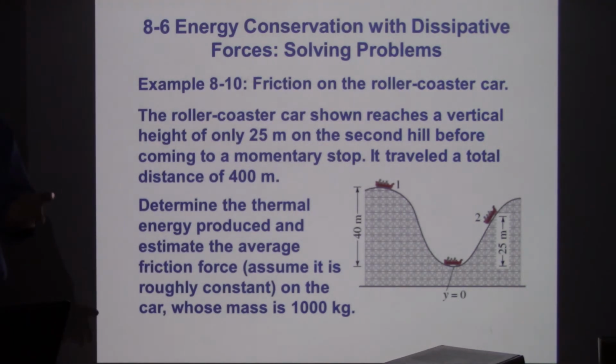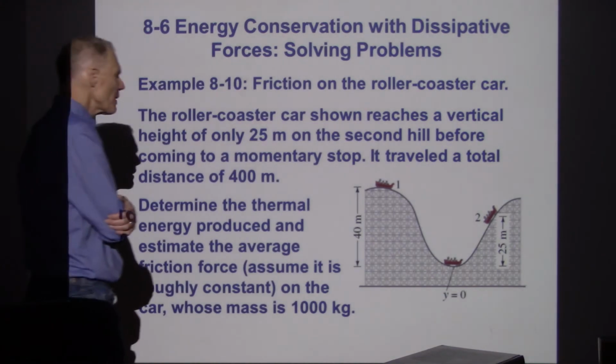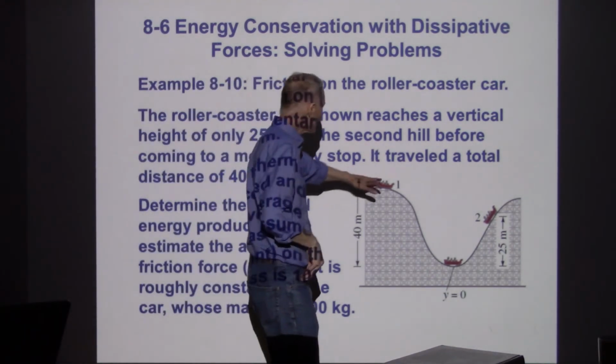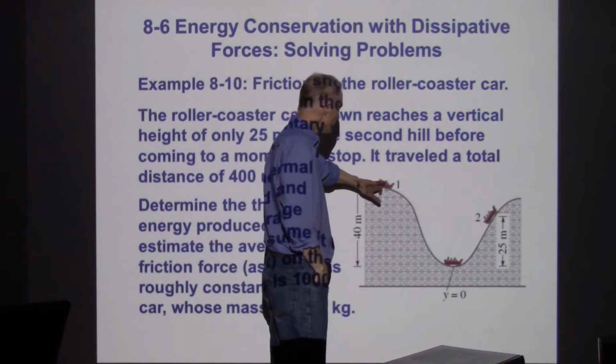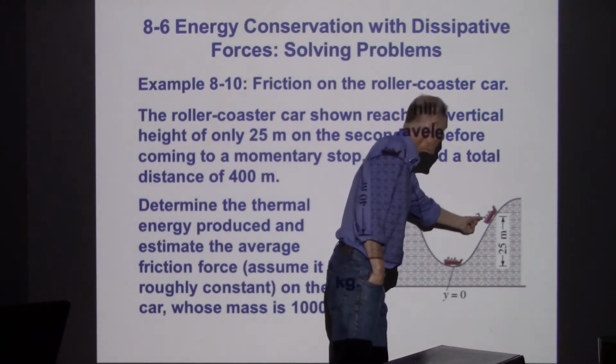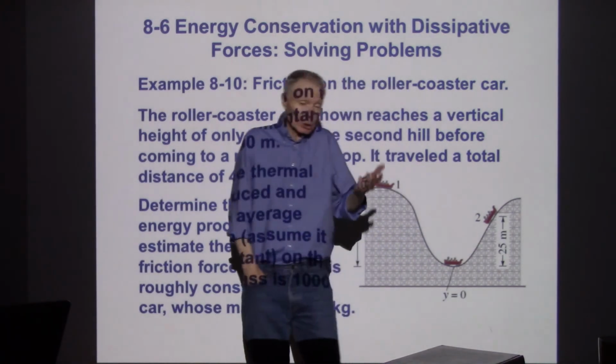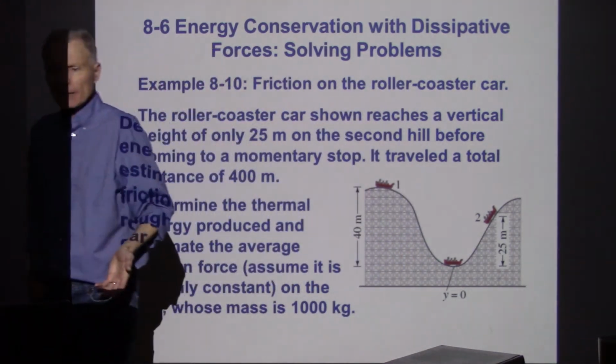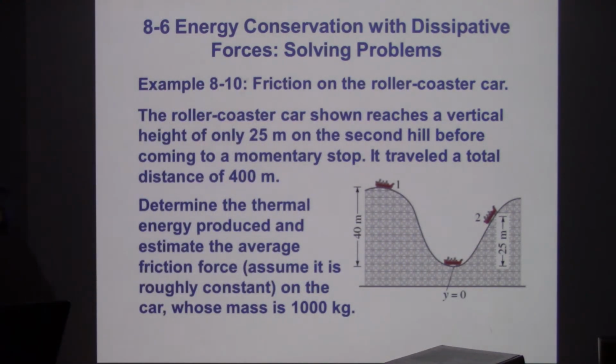But there is friction, and there is air resistance, and so maybe we're not going to make it. If we start from rest here and maintain enough of the mechanical energy, we could get over that next peak in the roller coaster, but maybe we don't.